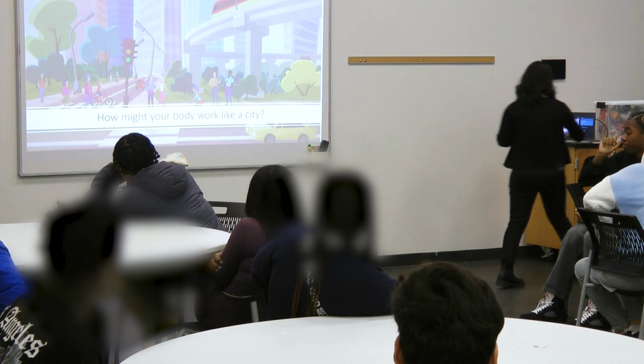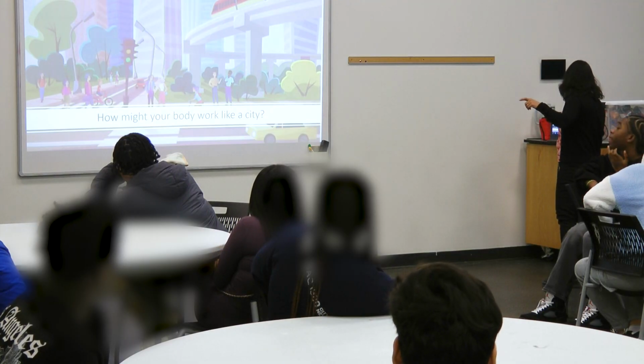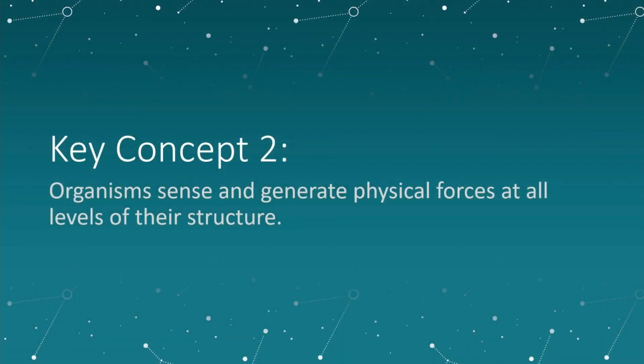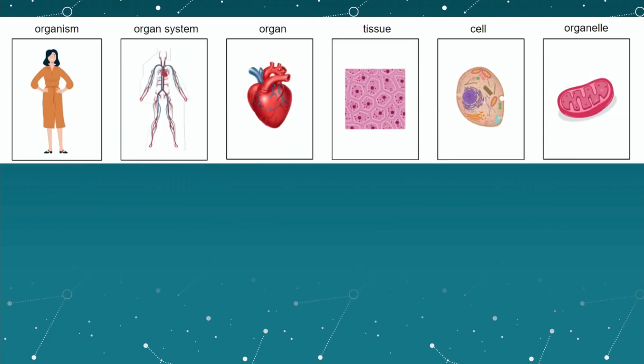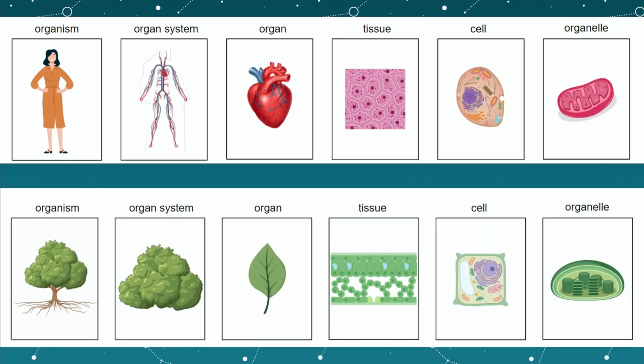Great. And you got us started thinking about this next piece, which is that there are all these levels of structure. Do these words ring a bell? Yeah? And what's cool about mechanobiology is that we can think about motion and movement and physical forces at all of these different levels, all the way from the organelle to the cell to the tissue to the organ system and the organism.